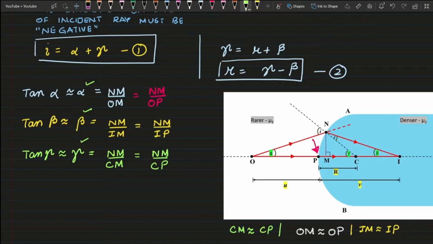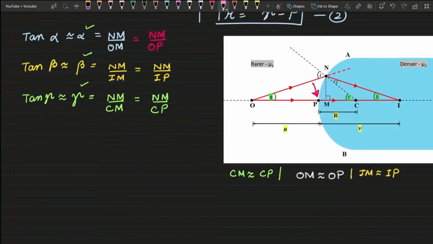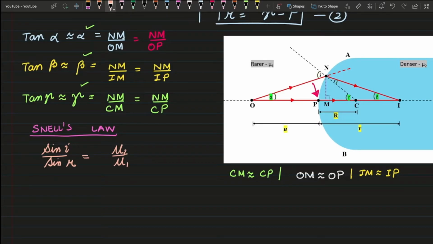These values I will substitute in the above equation. But before this, let me use another rule that we already studied, that is Snell's law. If a ray goes from a rarer to a denser medium or denser to a rarer medium, it changes its path, that is the angle of incidence and angle of refraction. So we have studied that sine of angle I upon sine of angle R is equal to mu2 upon mu1, where mu2 is the medium where the ray is going and mu1 is where the ray is coming from.